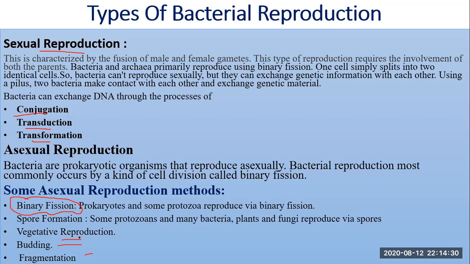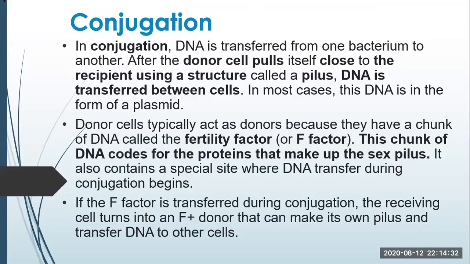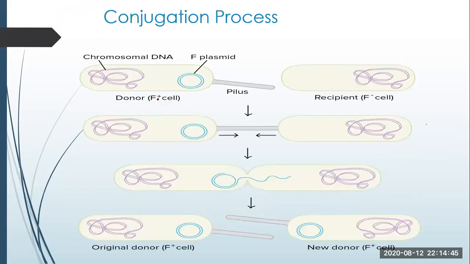We will read that. First of all, we will start with the conjugation process. The meaning of conjugation is to conjugate with something, or to add with something. In the figure, there is a bacterial cell and another bacterial cell. In the conjugation process, two bacterial cells come together.